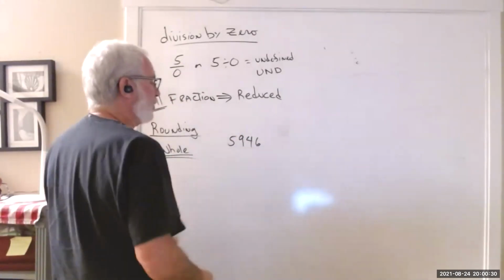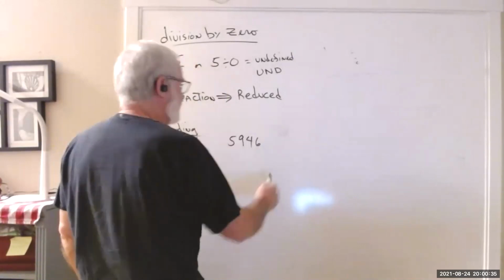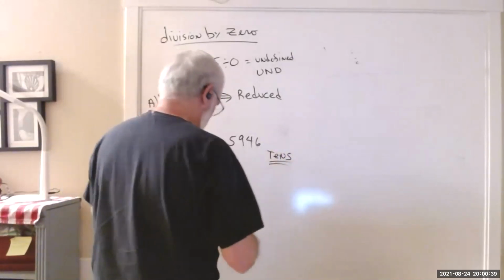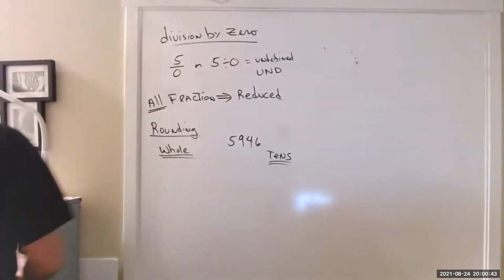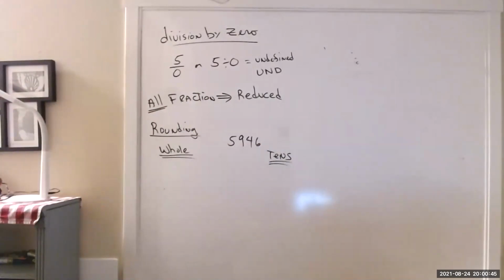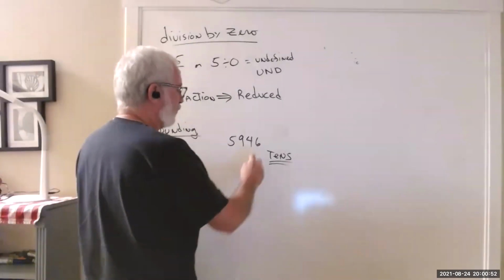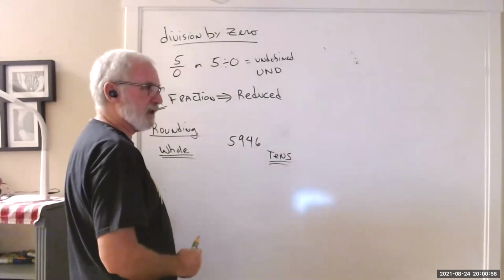And let's say I want to round it to the nearest tens place. I want to round it to the nearest tens place. So the technique that we use is you find the digit that's in the tens place value.